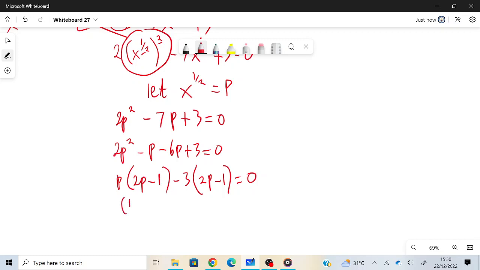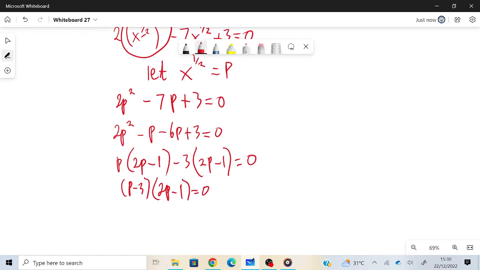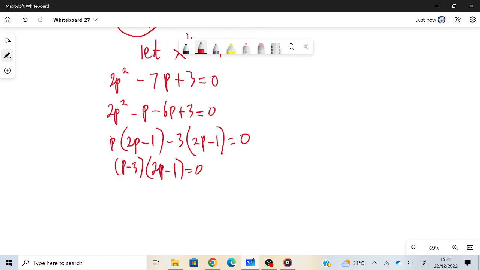And you can write this now as p minus 3 and 2p minus 1 equals 0. And from this we know that p is 3 or p is 1 over 2.